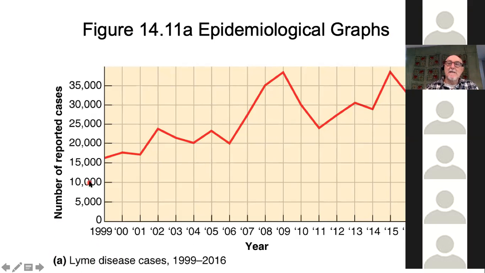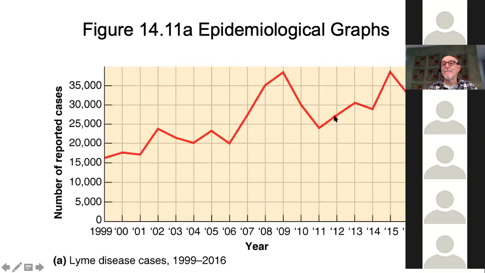But here you can see one statistic frequently reported in epidemiology, simply the number of reported cases, usually for a specified country or a specified geographic area. This is the United States, and you can see there is a background level around 15,000, but there is a slow and then a rapid increase in the number of cases.